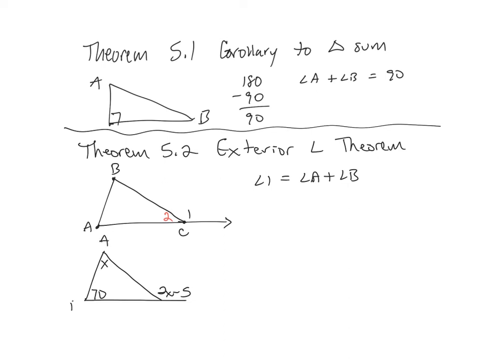All right. So first, okay, I got an angle on the outside, I got the other two, so x plus 70 equals 2x minus 5. So, gotta do some algebra here.